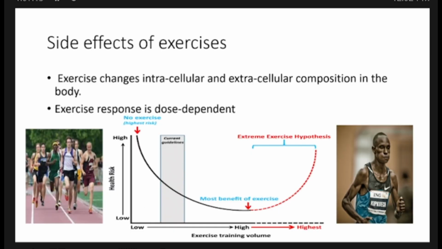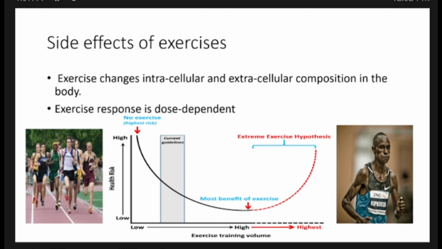Right. When we talk about side effects, exercise changes our intracellular and extracellular components in the body. Because of these changes, if you are fit, you can overcompensate. But if you have a genetic vulnerability, or underlying diseases, or environmental conditions like heat or cold, these changes can give bad results.